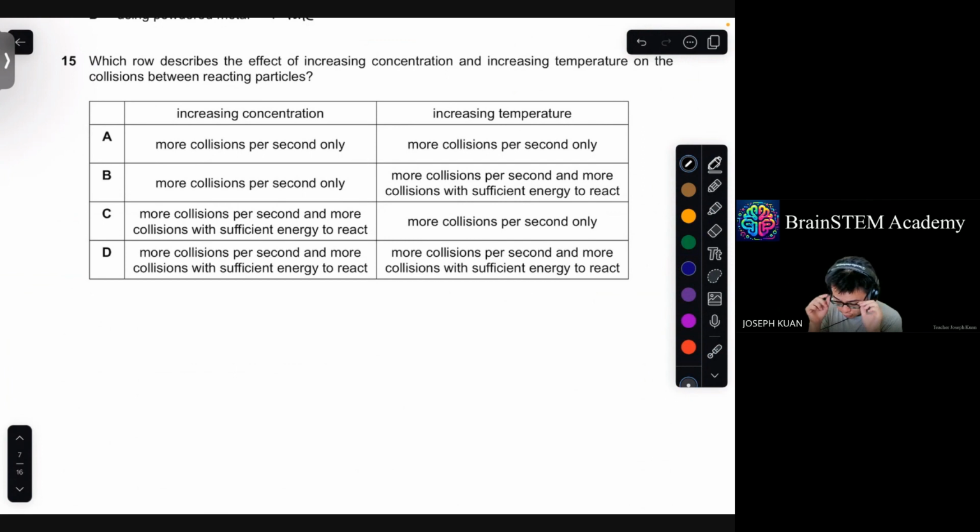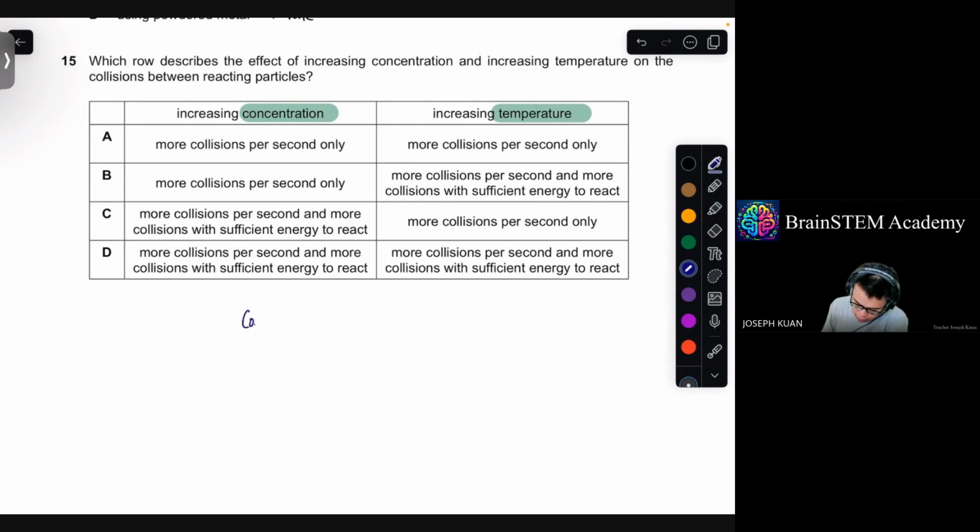Which role describes the effect of increasing concentration and increasing pressure on the collisions between reacting particles? Okay, two parts of this question. One is on increasing temperature, the other one is on increasing concentration. What does it mean by increasing concentration?